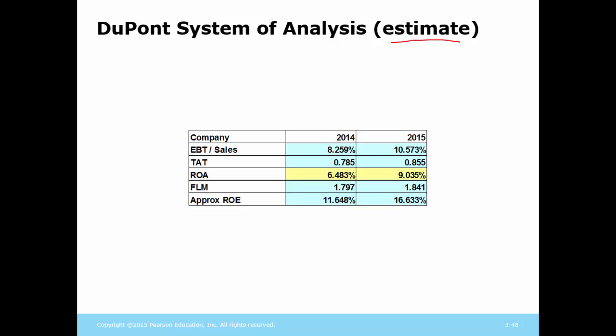So again, you can see it's 11.6 to 16.6. Where did that come from? Well, they have an increase in profitability, they have an increase in efficiency, and they have an increase in debt. So all three of those things are going to drive them towards greater return on equity.